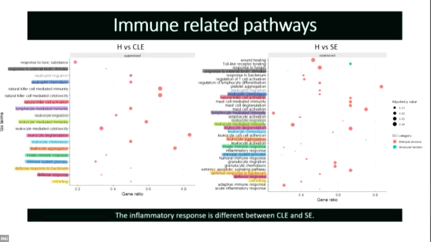Then we went directly to research immune-related pathways, as we could see that these proteins were differentially enriched between these two diseases. We could see that 15 immune-related pathways were consistently identified in both of the diseases. However, in clinical endometritis there were 4 pathways that were unique, and in subclinical endometritis there were 20.